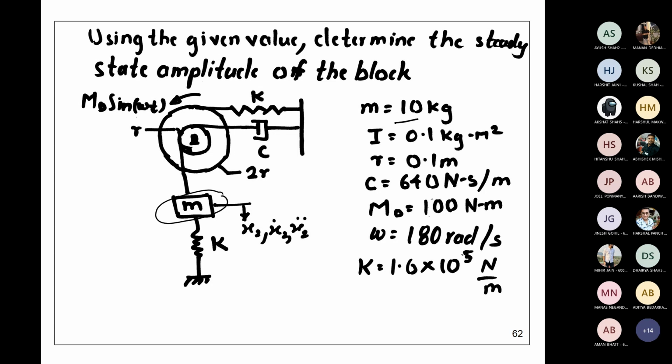I read the wrong thing. So what is the forcing frequency? 180. K is 1.6 into 10 raised to 3.